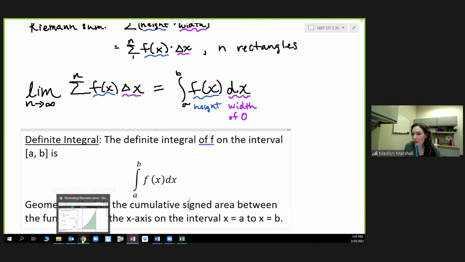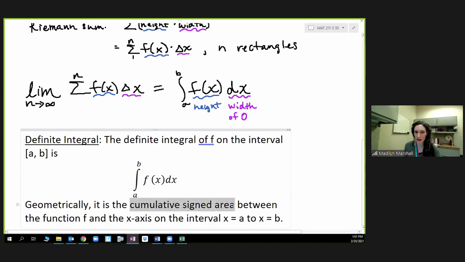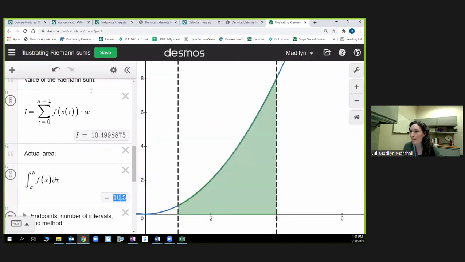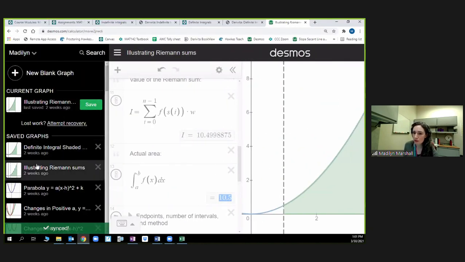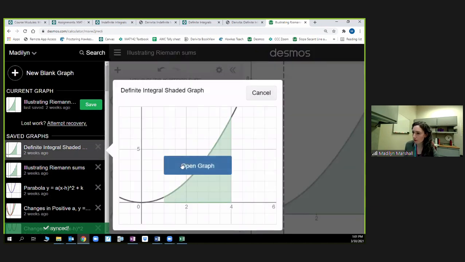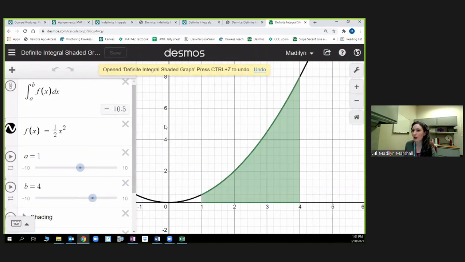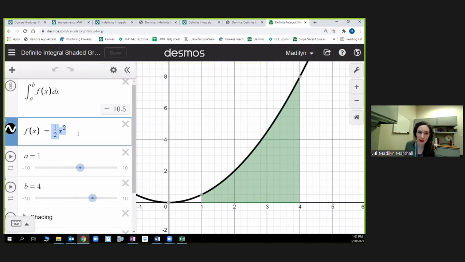So I'm going to bring up one more Desmos thing so that we can talk about what this cumulative signed part means. Okay, so this is actually the same function that we were just looking at, 1/2 x squared.